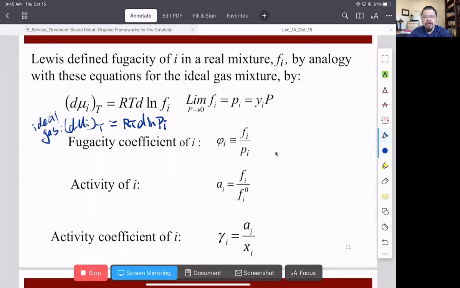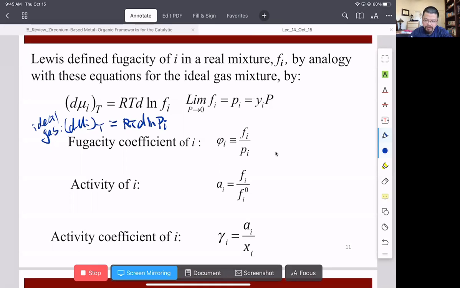Then we quickly define this fugacity. So we are moving forward from the ideal gas to any substance: real gas, real liquids, real solids. And no matter what, we call this the corresponding or effective partial pressure at those real conditions. And that is the fugacity.